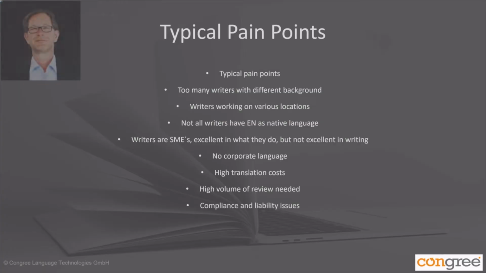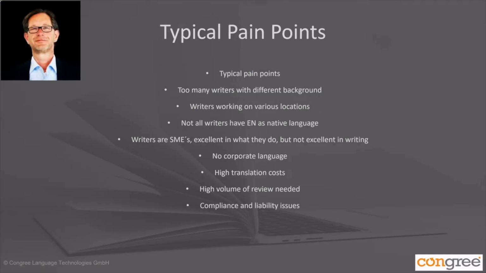But very often, typical pain points are the same in many organizations. It's simply difficult to enforce a corporate language. You have subject matter experts great in what they do, but not necessarily in writing. So the content they write does not always sound perfect.